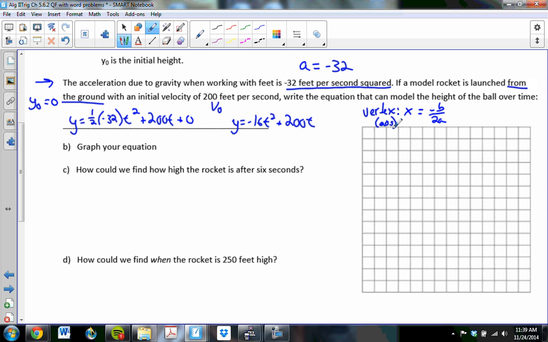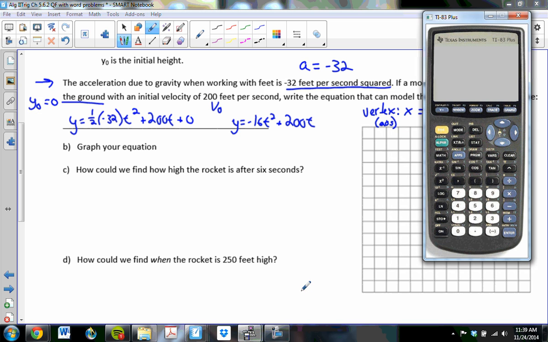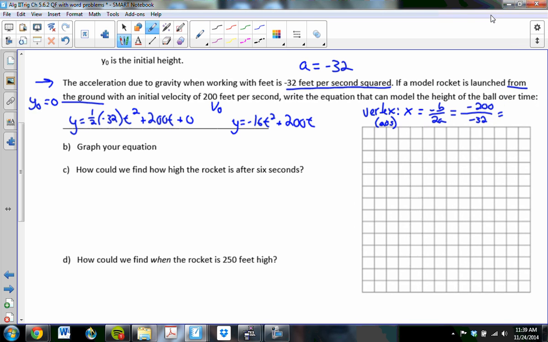Well, negative b over 2a is negative 200 over negative 32, which is something not too messy, actually. Negative 200 divided by negative 32, 6.25. The AOS of this graph is at 6.25.